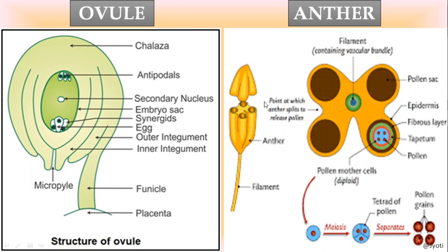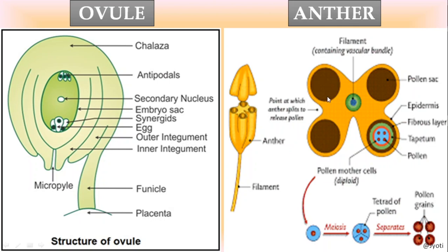Now come to the structure of the anther, which is the most important part of the male reproductive system, the male reproductive organ. If we take the section of an angiospermic anther, we'll see that the anther's structure is like this. It is bilobed, and in each lobe there are two chambers, and these are called sporangium.